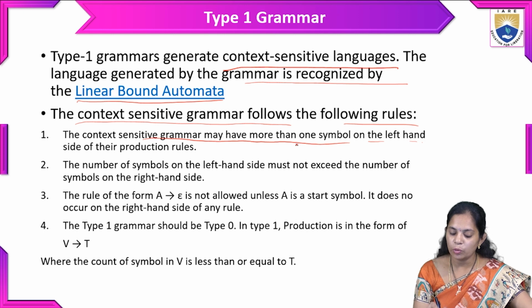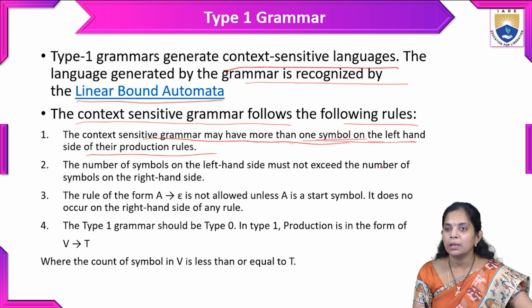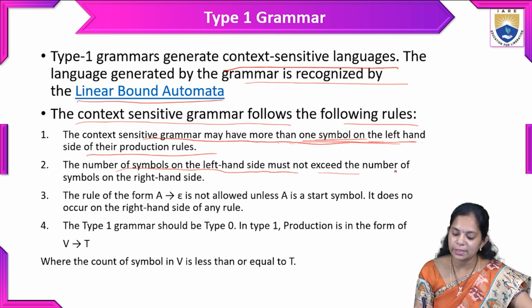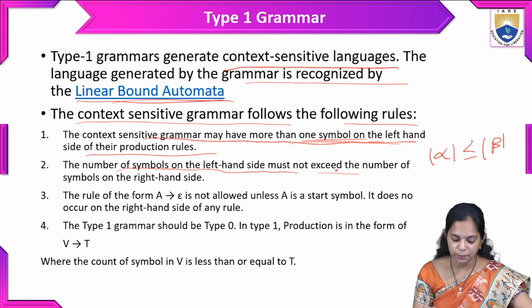But here there is a possibility of more than one symbol on the left hand side of the production rule, and the number of symbols on the left hand side must not exceed the right: the condition is that length of alpha is less than or equal to beta. This is the condition followed by the linear bound automata.